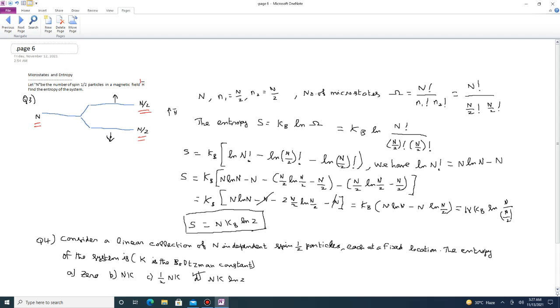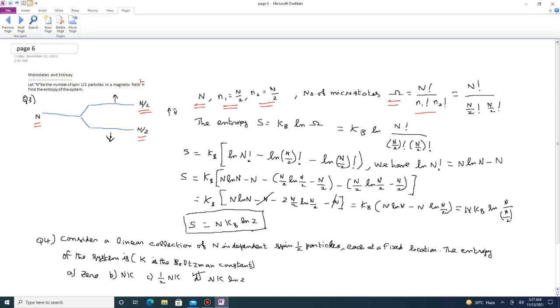Here the total number of particles is capital N, with N1 equal to N by 2 spin up particles and N2 equal to N by 2 spin down particles. The number of microstates omega is N factorial divided by N1 factorial into N2 factorial, because there are only two groups: N1 particles with spin up and N2 particles with spin down.